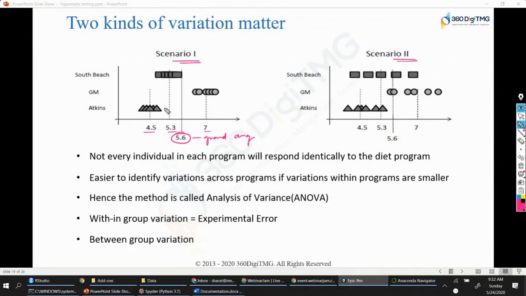Now what is happening here is 4.5 is right at this distance to the grand average. 5.3 is at this closer distance to the grand average, and 7 is a little higher than the grand average. Now if you look into this diagram, can I say that this is influencing a huge weight loss?